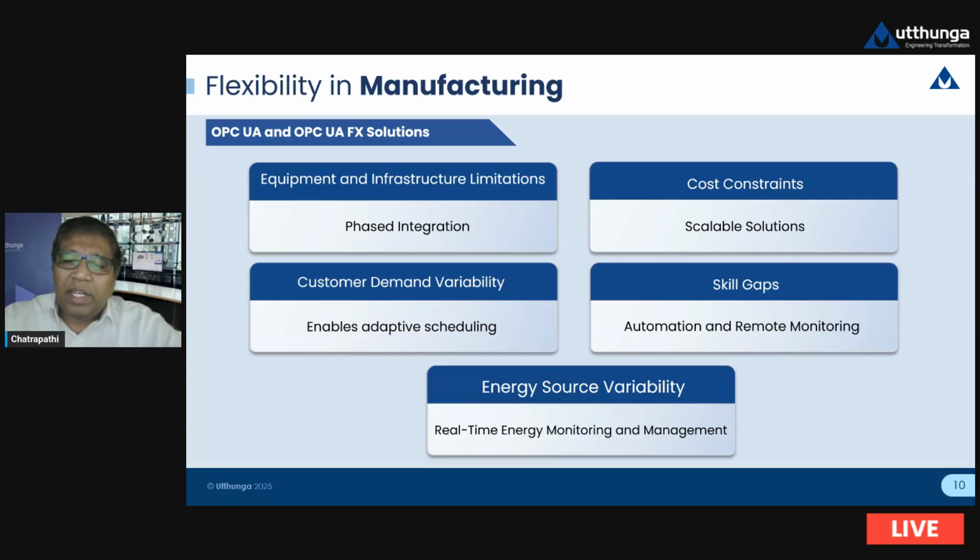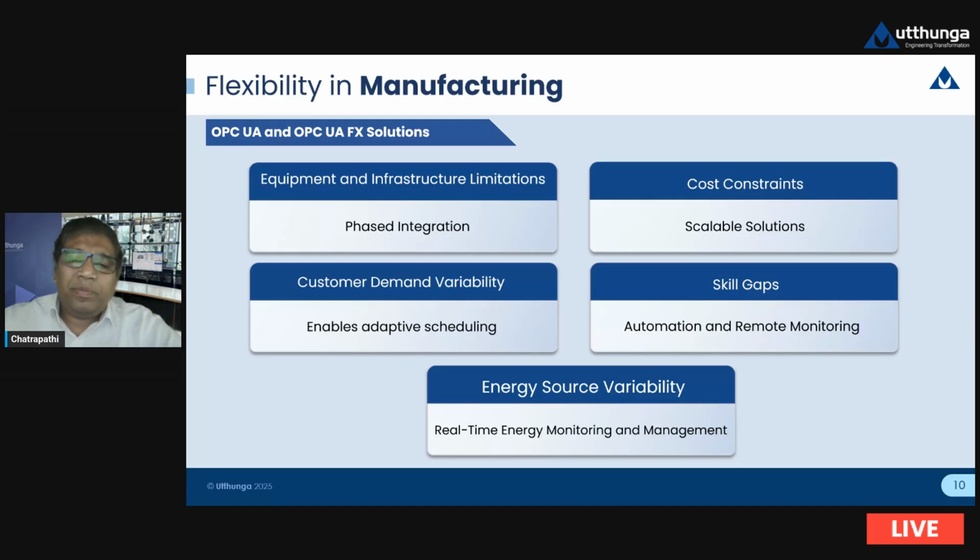So this creates a much better alignment of production schedules with the customer demands, and then overall this reduces the lead times and improves overall responsiveness of the production system as well.